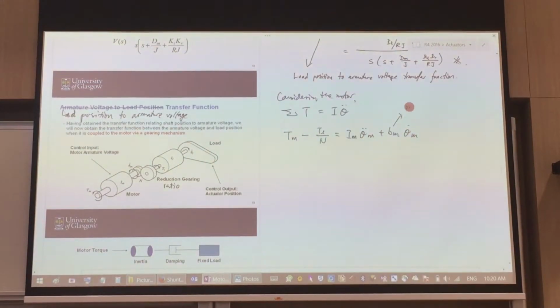Again, this Dm is your viscous coefficient of friction, so it's sort of like damping. And this Jm over here will be your motor inertia.